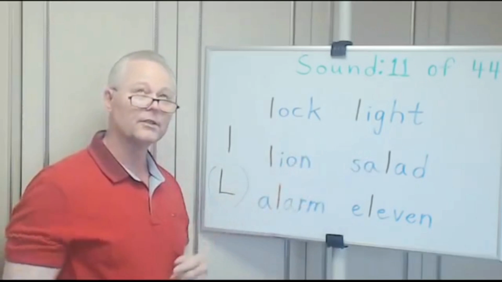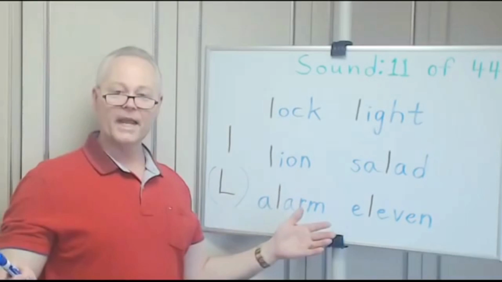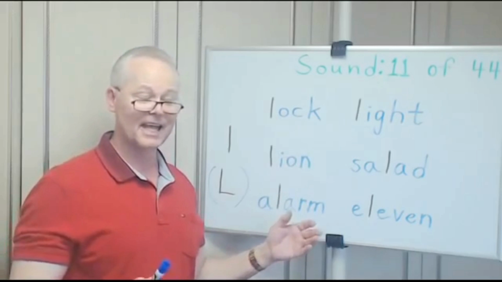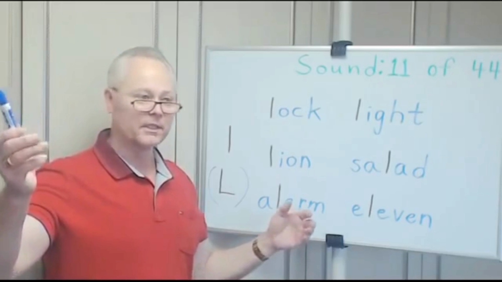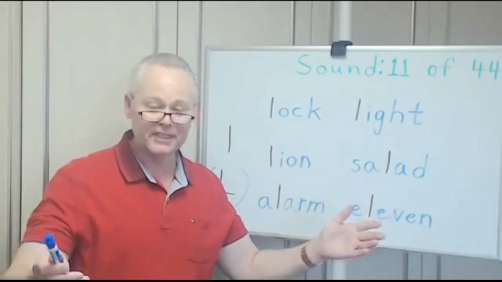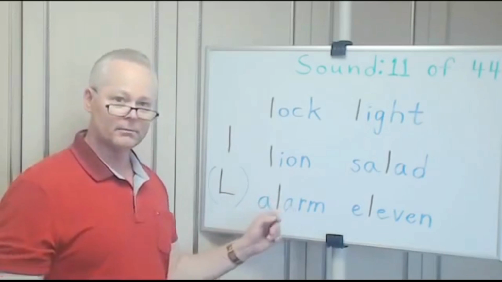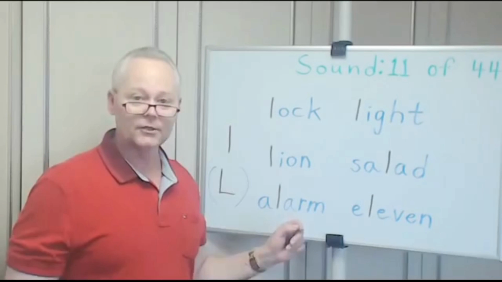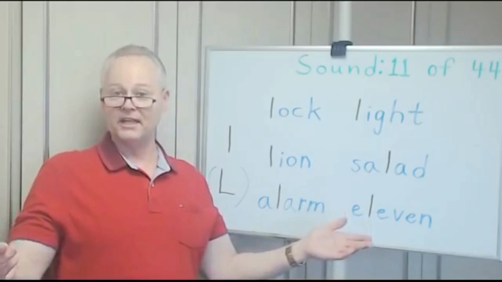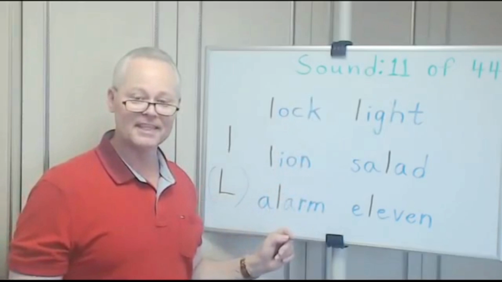A light, you can turn the lights on, turn the lights off. A lion, it's an animal, the king of beasts in Africa. African lions. Cougars, which could be a mountain lion. A salad. Would you like a nice green salad with your dinner, sir or ma'am? Alarm. Be sure to set your alarm clock so you're not late for work tomorrow. 11. The number 11. This is the 11th sound.